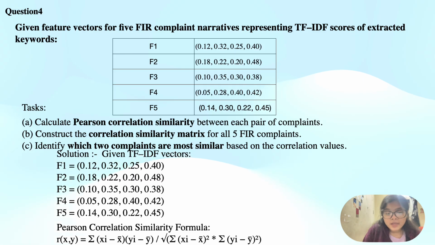In this formula, x represents the values in the tuple of one complaint, and y represents the values in the tuple of another complaint. So here we calculate the mean of all the values in a tuple.